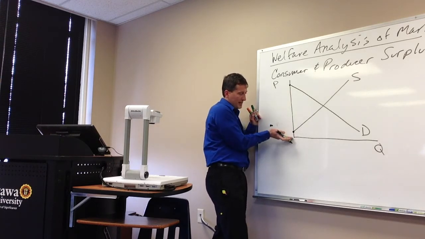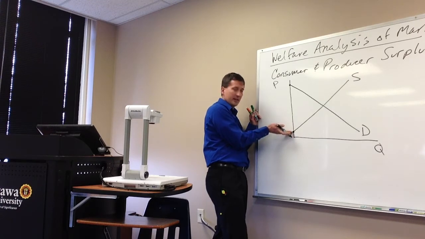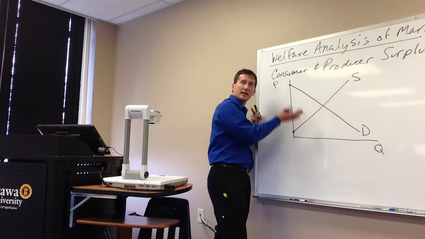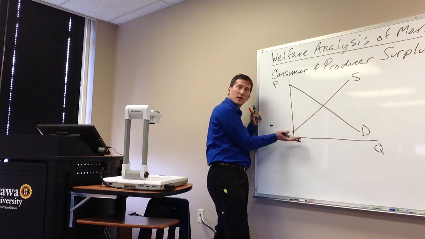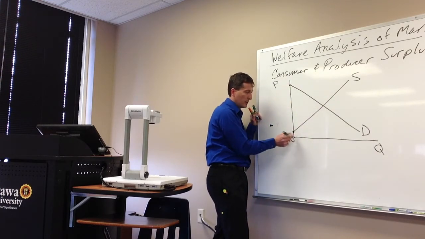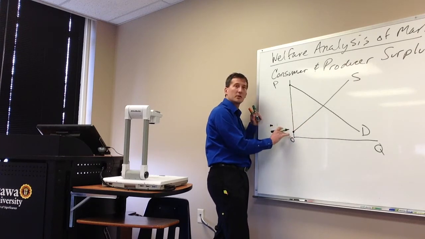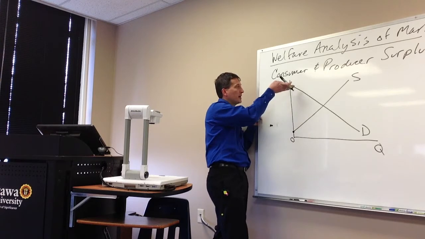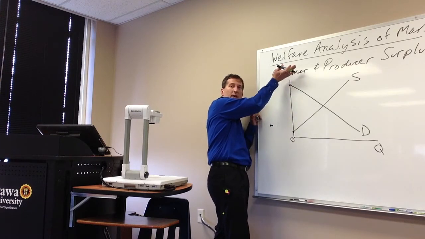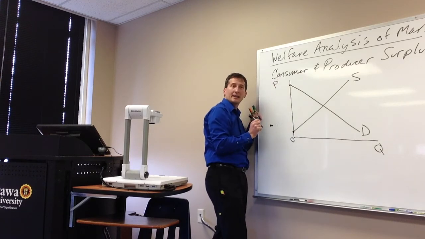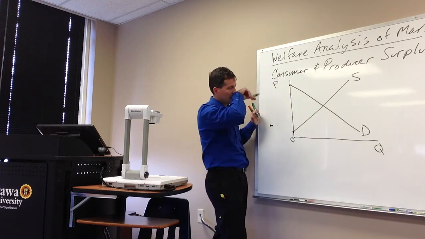In other words, price has to be at least this level for somebody to be willing to supply. Otherwise it gets choked off if price gets too low. Zero, remember this is our origin, so nothing gets supplied to the market if the price is too low. On the flip side, on our buyer side, if the price gets too high, we eventually choke off the consumers and they buy nothing. So we got these endpoints.